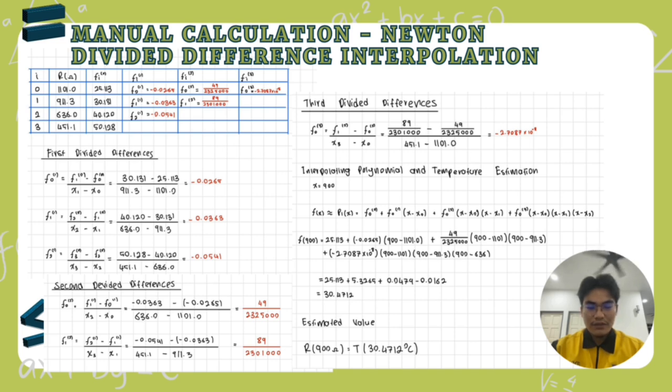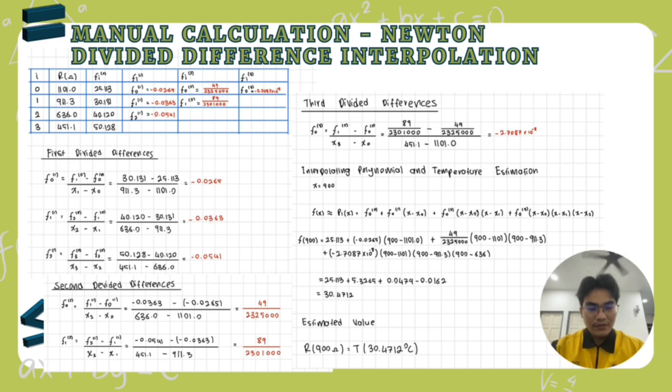Next is the second divided difference. Here we look at the rate of change between our first differences. This gives us the values 49 over 2.325 million and 69 over 2.301 million.